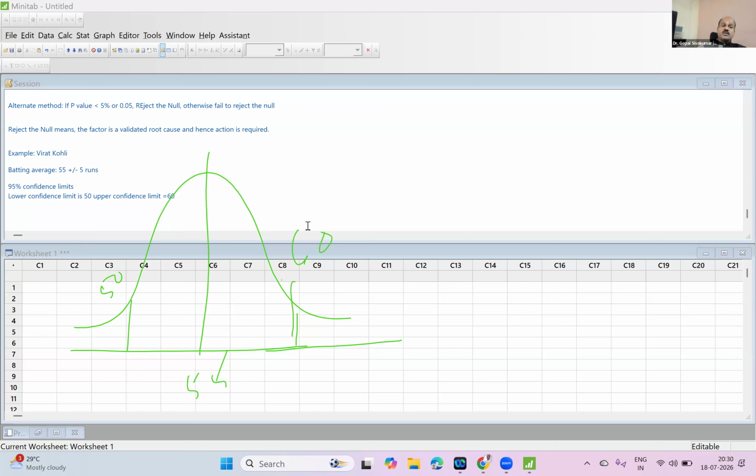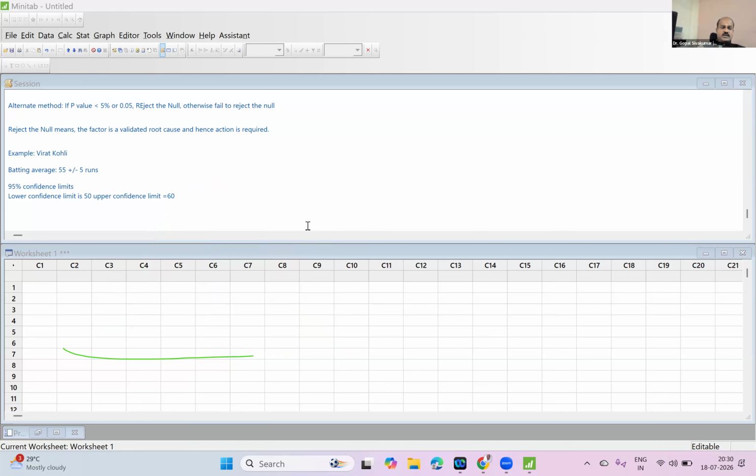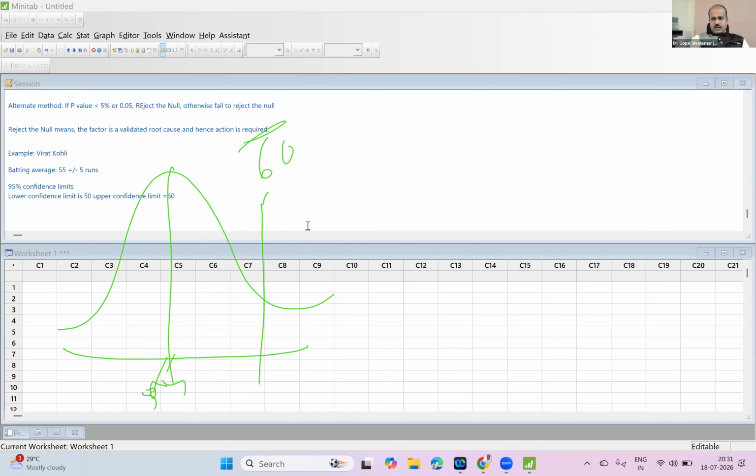Now I would like to consider only one side of his limit, which is let's say the 60, and the average is 55. Let us assume 60 as the upper confidence limit.